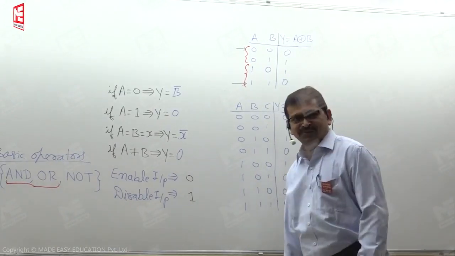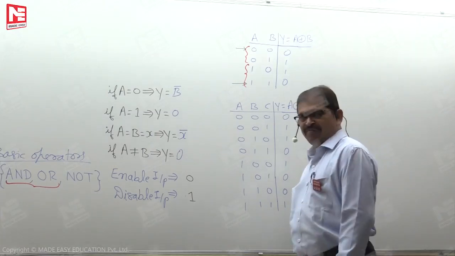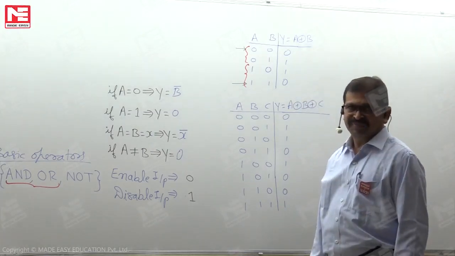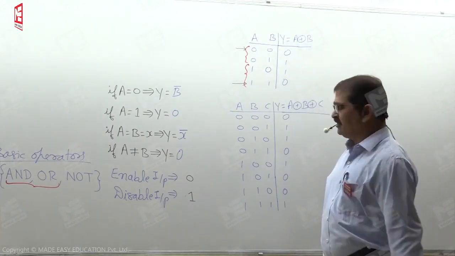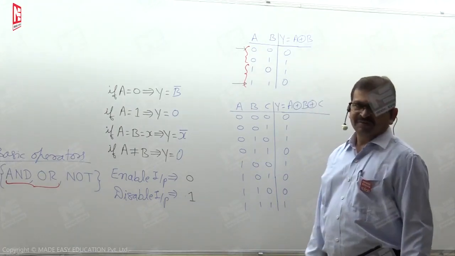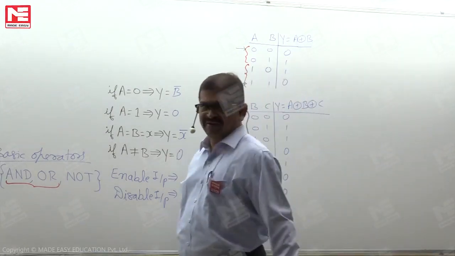The result of exclusive OR operation is 1 whenever an odd number of variables are 1.